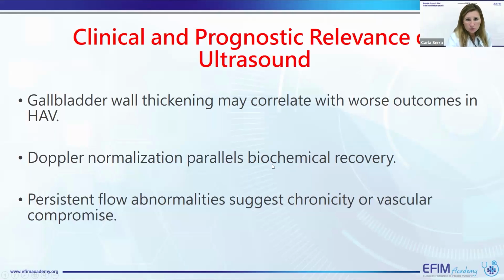And also normalization usually parallels biochemical recovery, while a persistent flow abnormality suggests chronicity or vascular compromise.